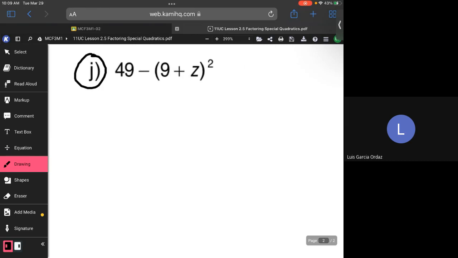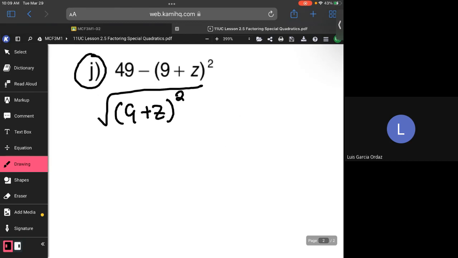Okay, so what Camilla said was right. We have to take the square root of (9 plus z) squared. What's the square root of (9 plus z) squared? It's 9 plus z, because all we're doing is taking this exponent and dividing it by 2.